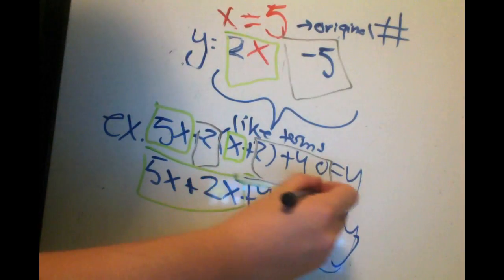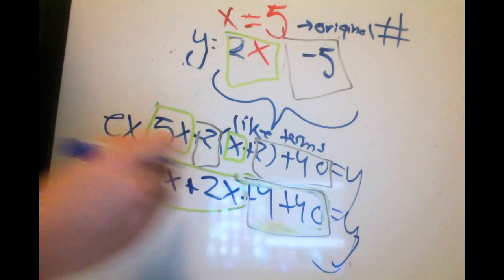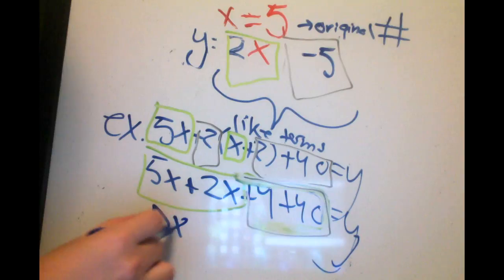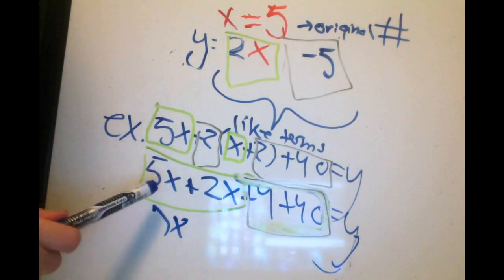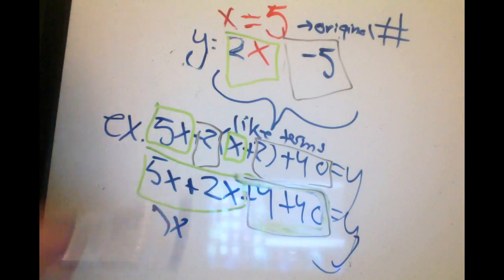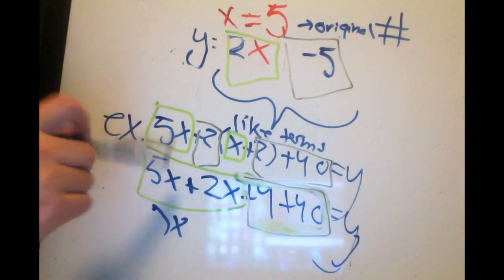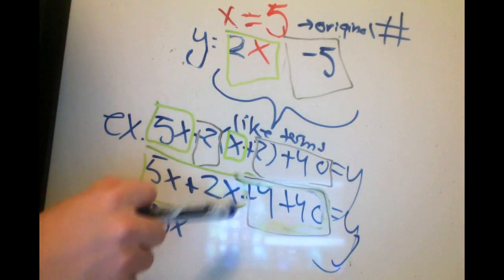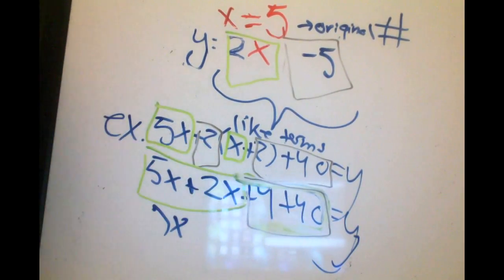I'm using different colors to differentiate them. So 5x plus 2x equals 7x. When there is x, you can only add or subtract by another number that has x attached to it. You cannot subtract by a simple number or add by a simple number.